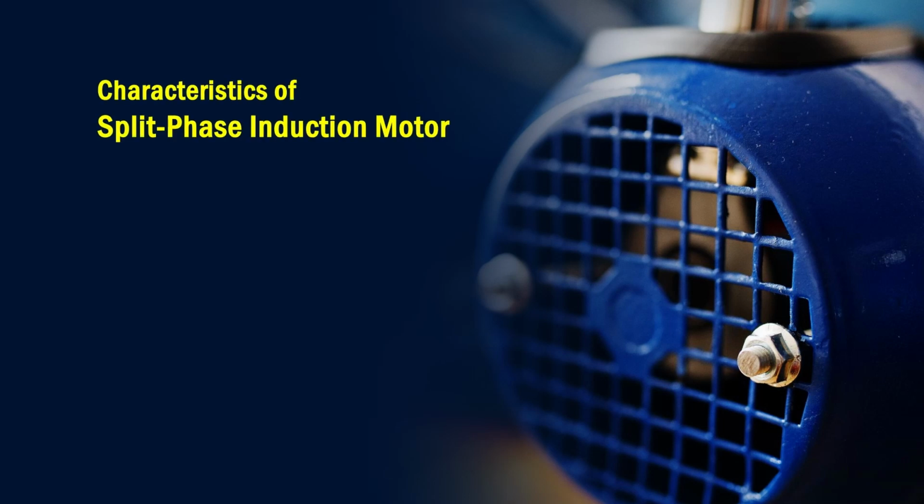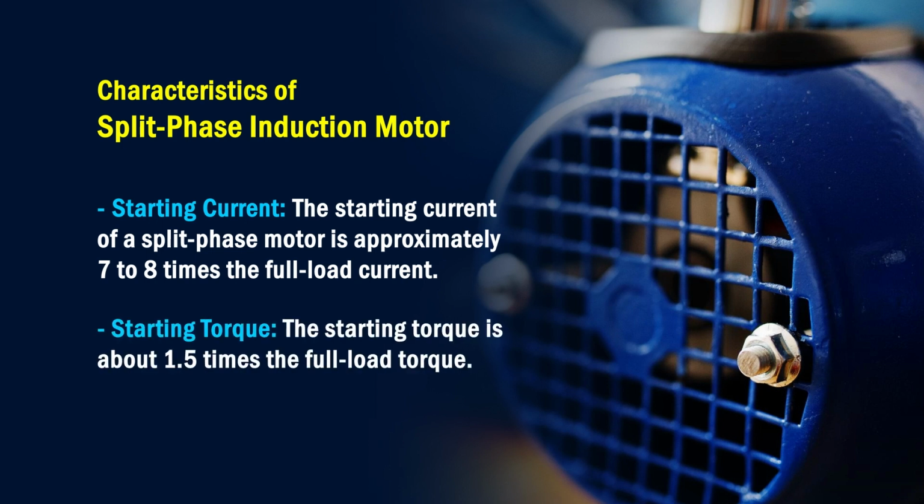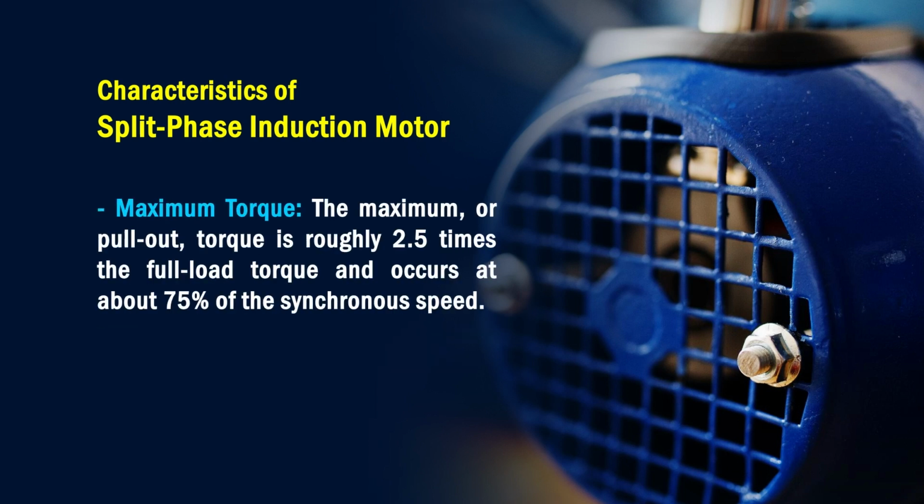The characteristics of split phase induction motors are: first, the starting current. The starting current of a split phase motor is approximately 7 to 8 times the full load current. The starting torque is about 1.5 times the full load torque, and the maximum or pull out torque is roughly 2.5 times the full load torque and occurs at about 75% of the synchronous speed.